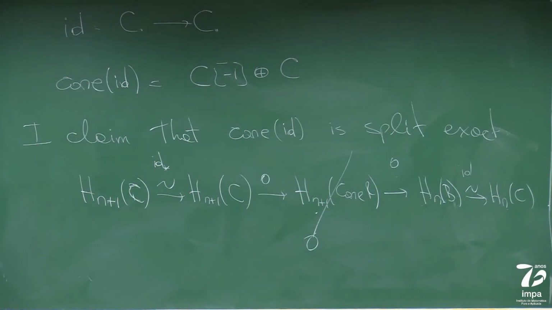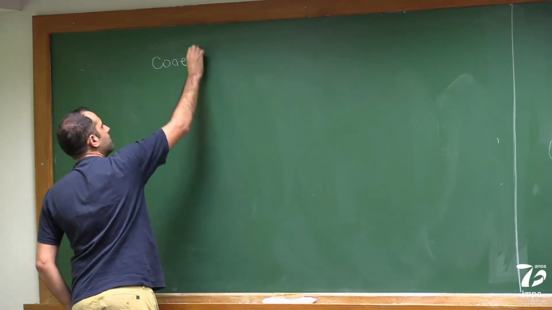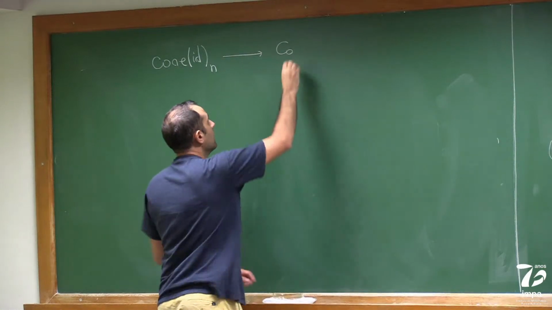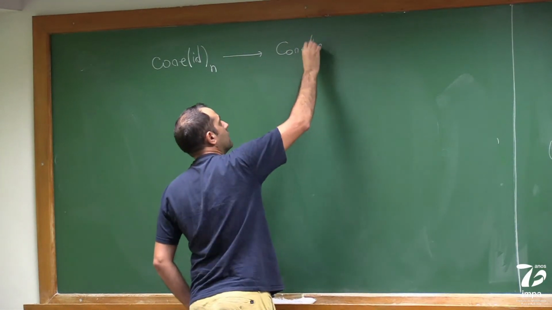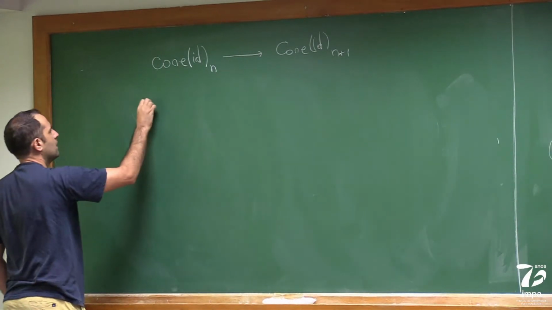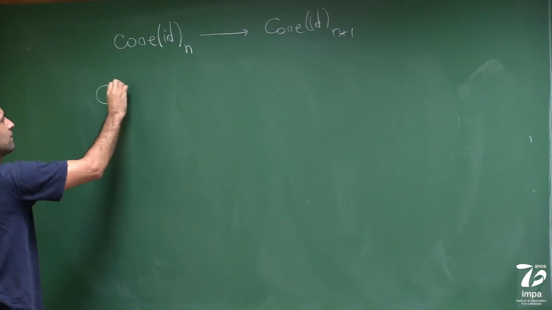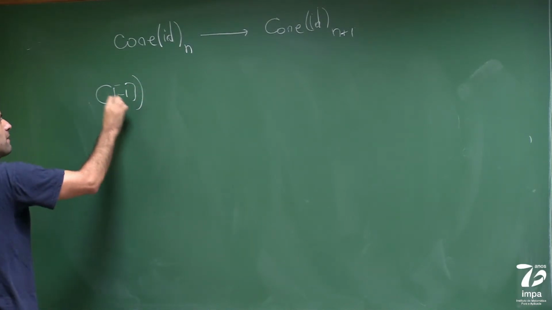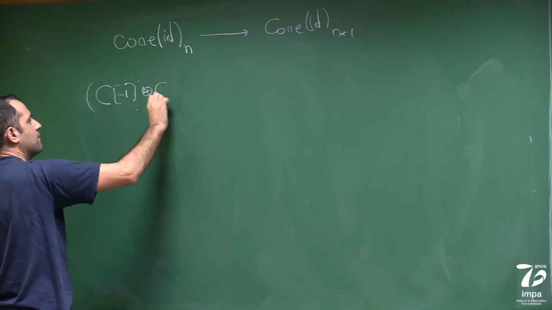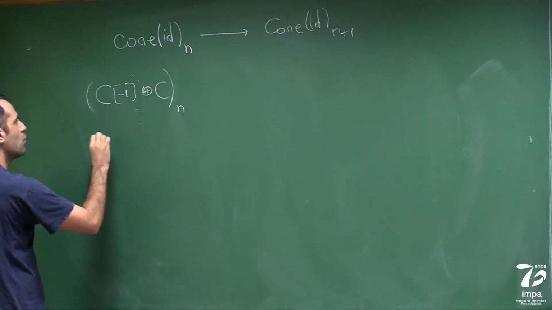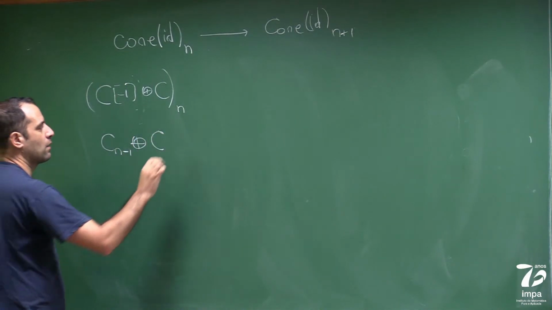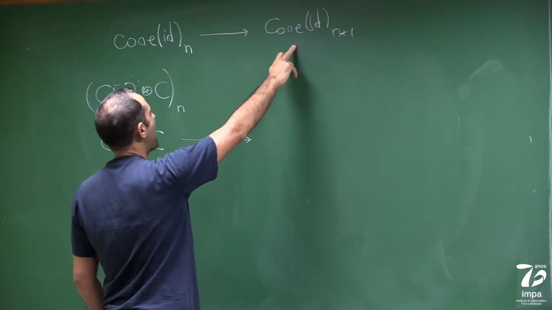We would want a map from the cone of the identity in degree n to the cone of the identity in degree n plus 1. And by definition, this is C shifted by minus 1 plus C_n, which is C_{n-1} plus C_n. And I want a map from there to this guy with n plus 1.